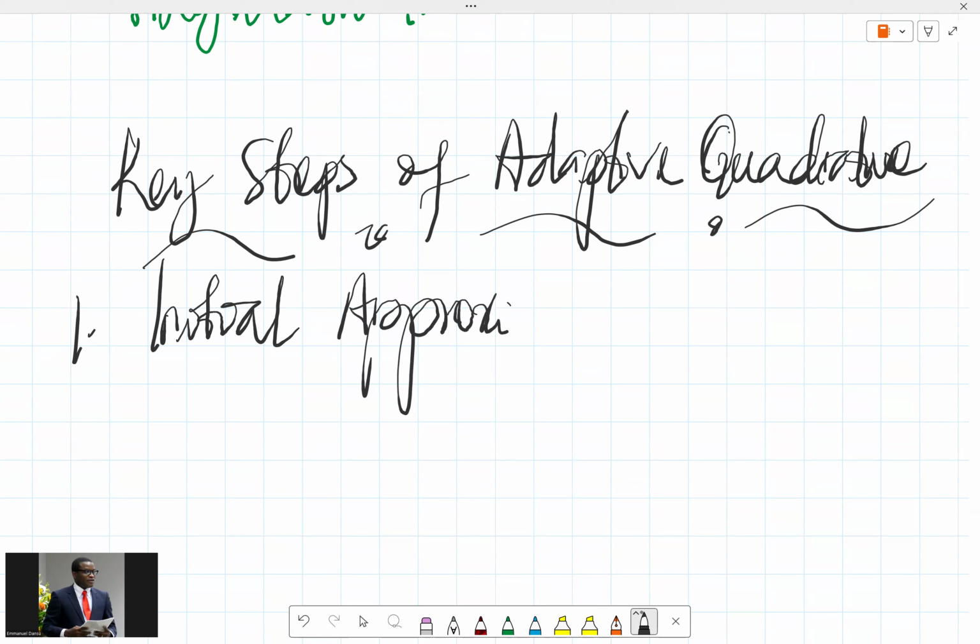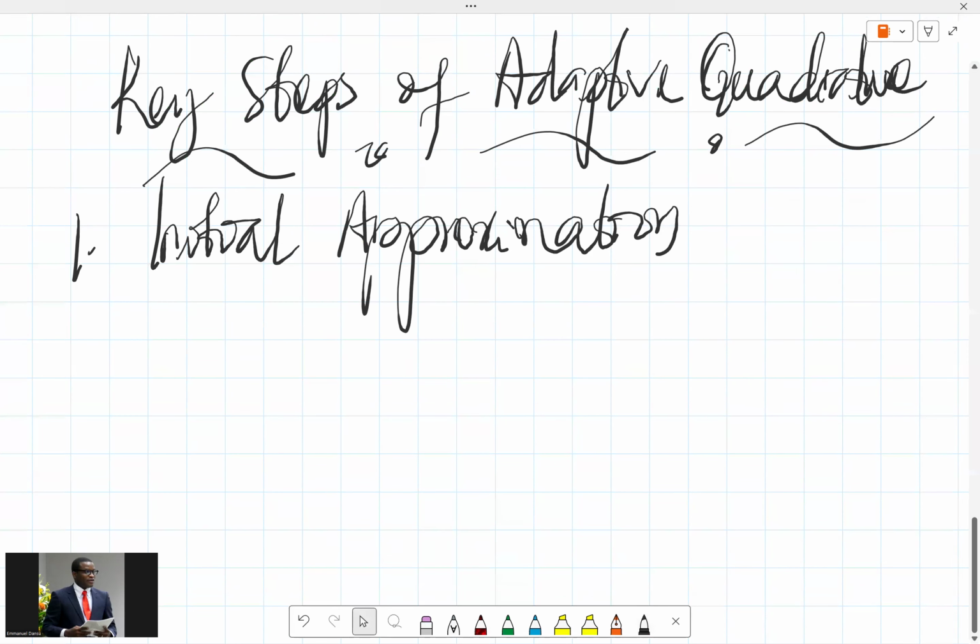Here, you start by dividing the integration domain into subintervals and compute the integral approximation using the basic method, e.g. Simpson's rule or trapezoidal rule. So you see, just like I said, it's just to help improve any of these other methods. So that's your initial approximation.